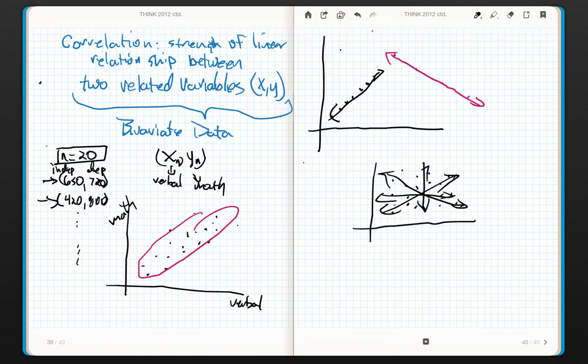Or that one, you know what I'm saying? This one's pretty easy to tell. I could actually just kind of draw a line. We could call that, I suppose, a trend line. We'll get more technical with what we call it here in just a little bit. All right? So this has a relatively strong linear relationship. This, on the other hand, has nothing. Now, couldn't we also have data that did something like this?